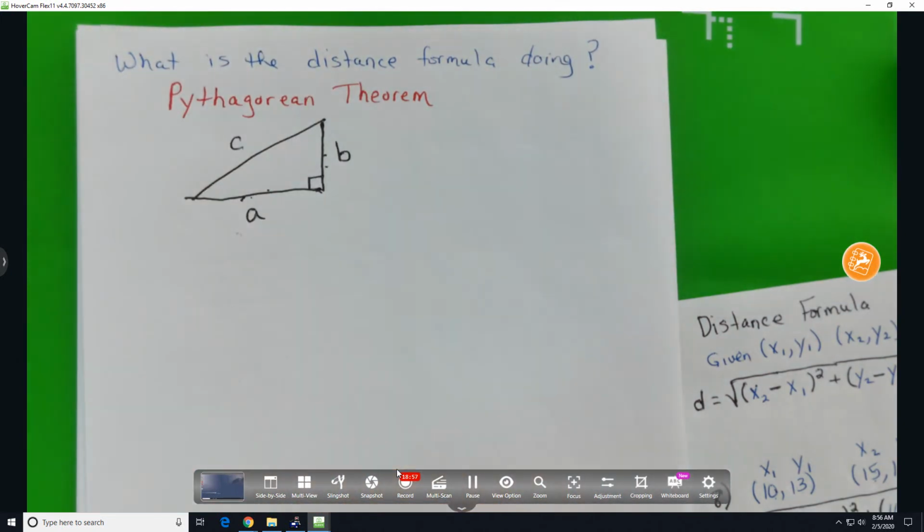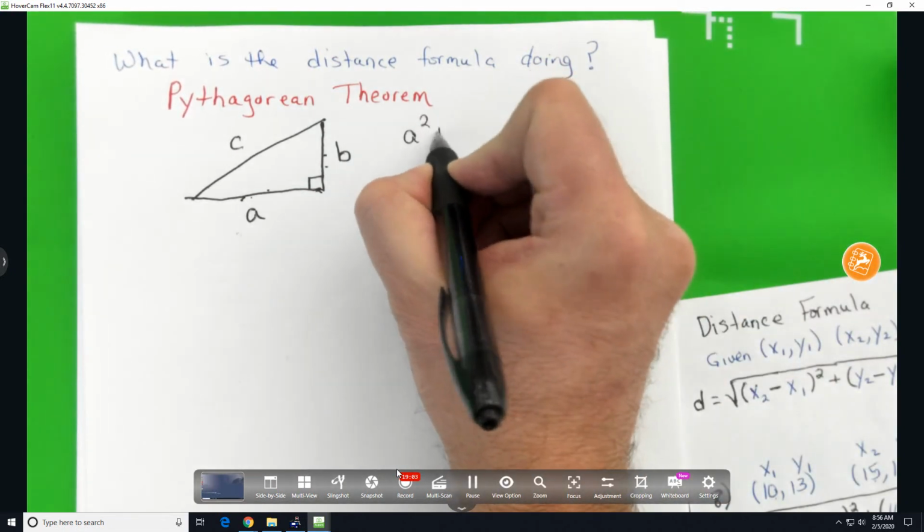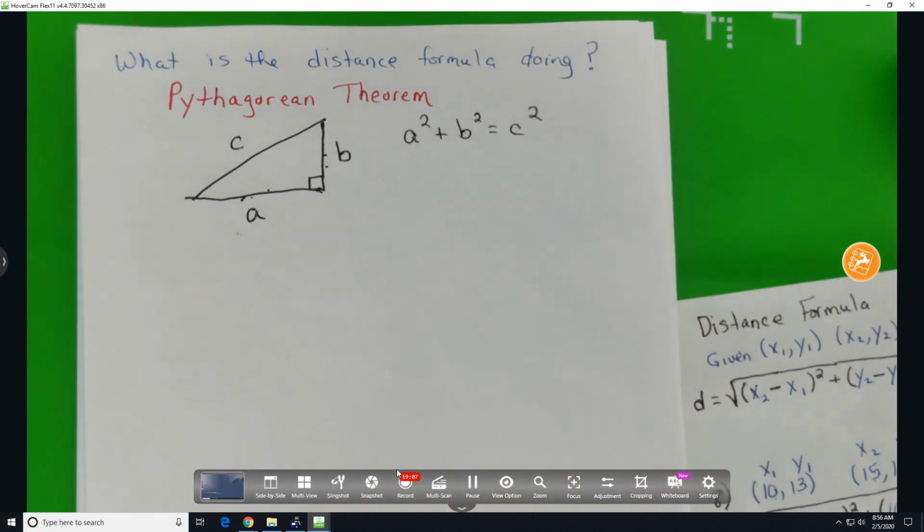The hypotenuse, and I'll call it C. The Pythagorean theorem says A squared plus B squared equals C squared. That's what this thing is doing. So, you see it?